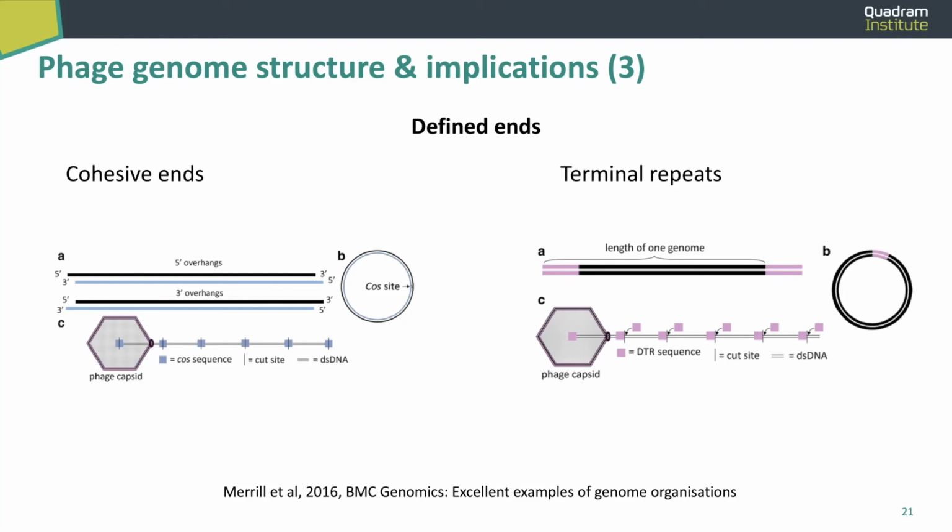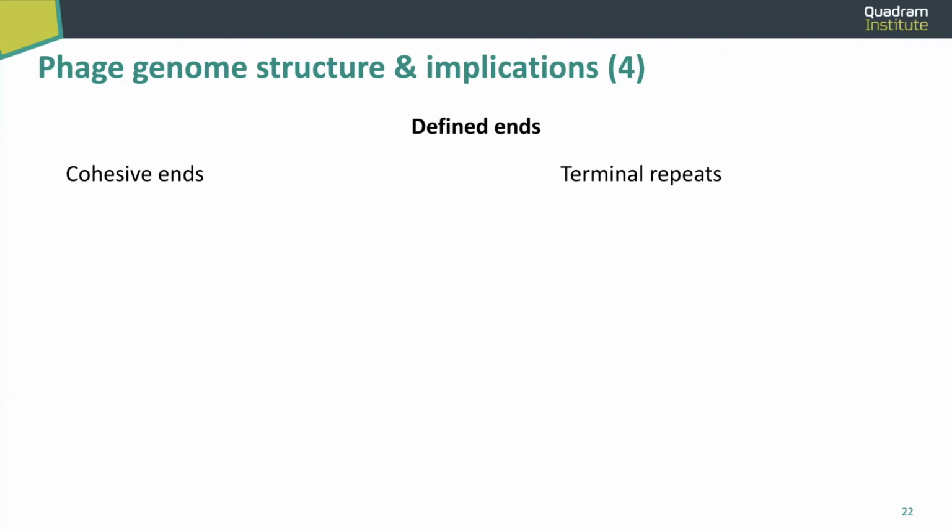There's cohesive ends, and they can either have a short 5' overhang or a short 3' overhang with a cos site on the left-hand side, or we can have genomes with terminal repeats, and they are usually direct terminal repeats, not inverted terminal repeats, where each end of the genome is flanked by an identical sequence, which when it's too long and you sequence it, it can be mistaken for a circular genome, a circularly permuted genome. So how do we see that with read mapping?